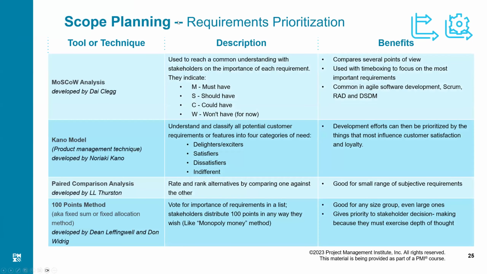So in scope planning, we have a number of tools to prioritize our requirements: which are more important requirements, which are less important requirements. And well, the word prioritization is more associated with an agile project, but you must understand that requirement prioritization could be happening even in a predictive or a hybrid project, right?